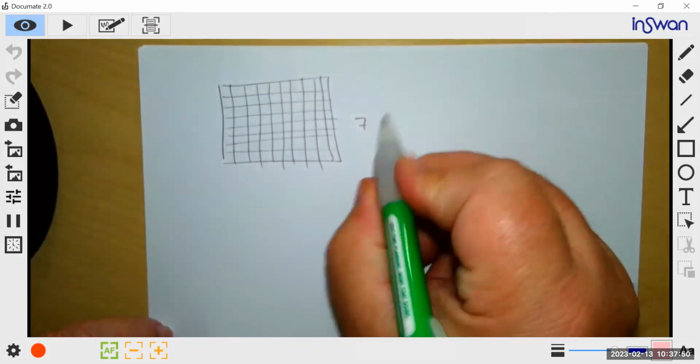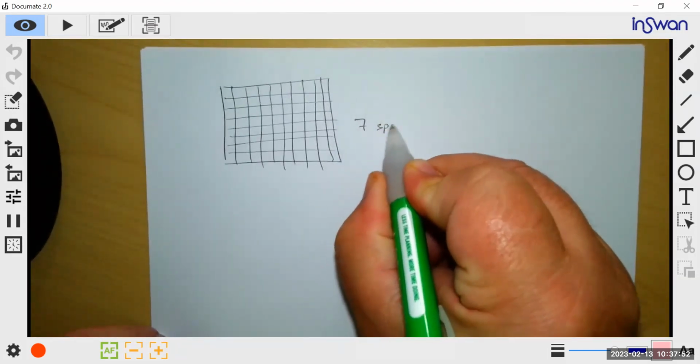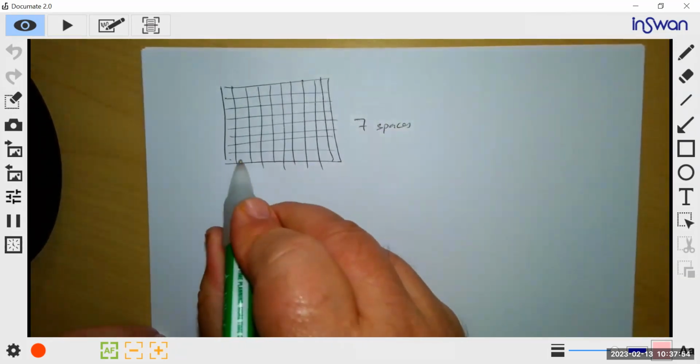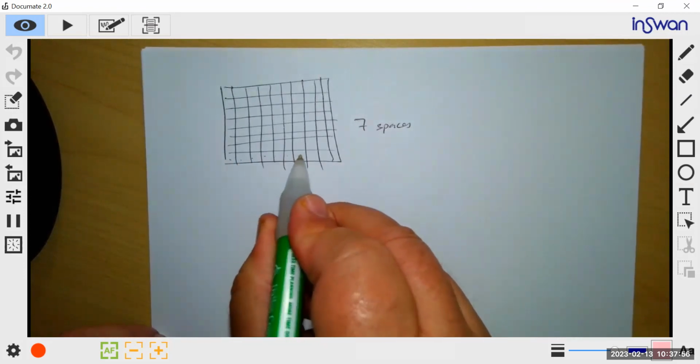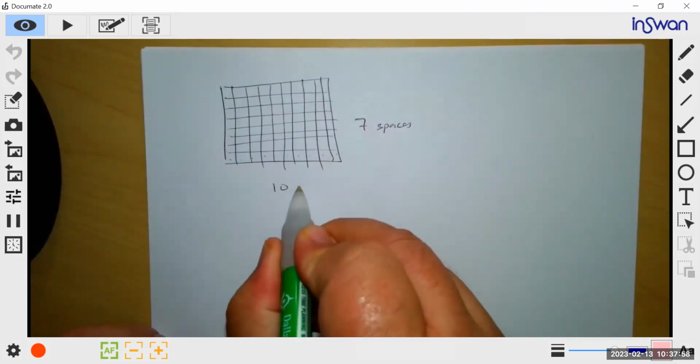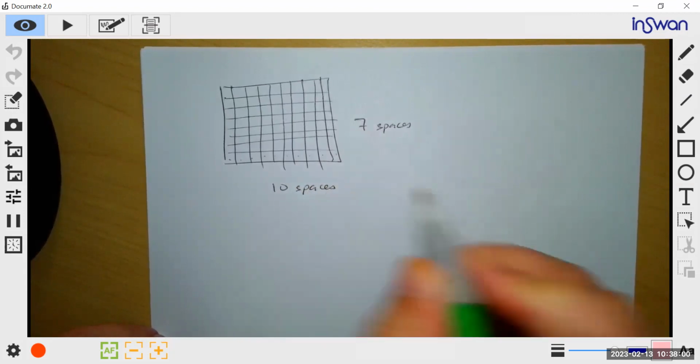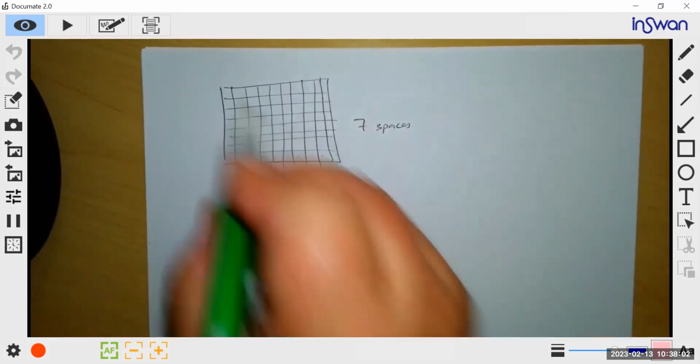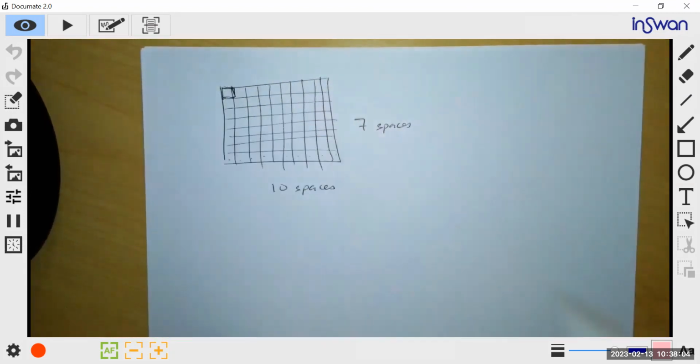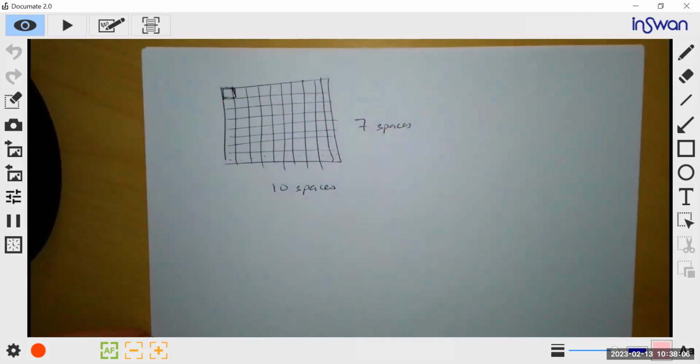I have 7 spaces here. 1, 2, 3, 4, 5, 6, 7, 8, 9, 10. 10 spaces here. Made up of blocks. How many blocks do I have? Why?